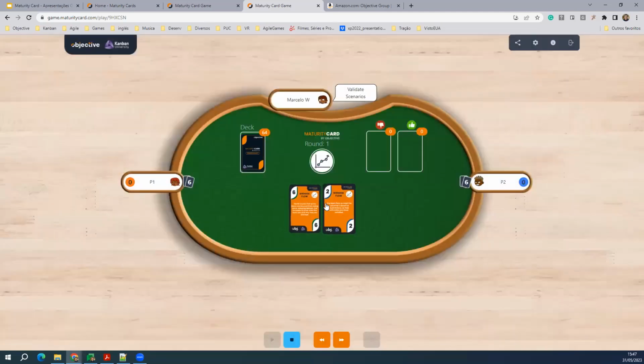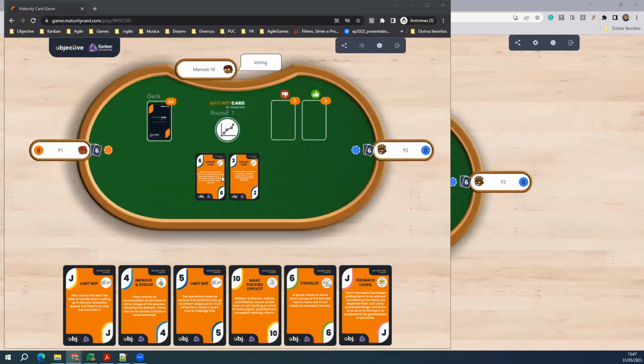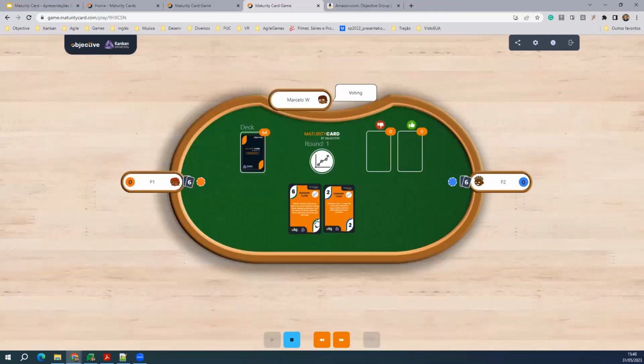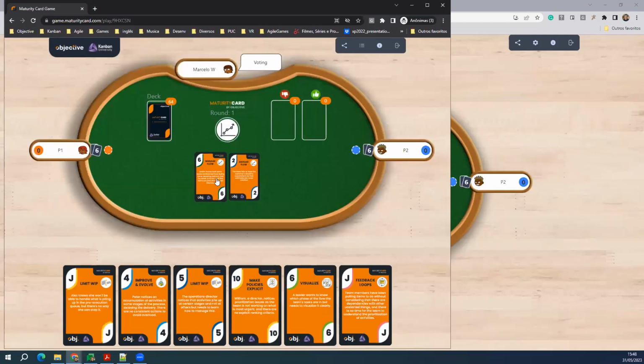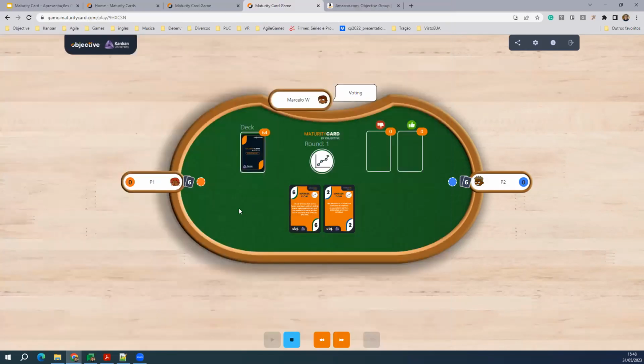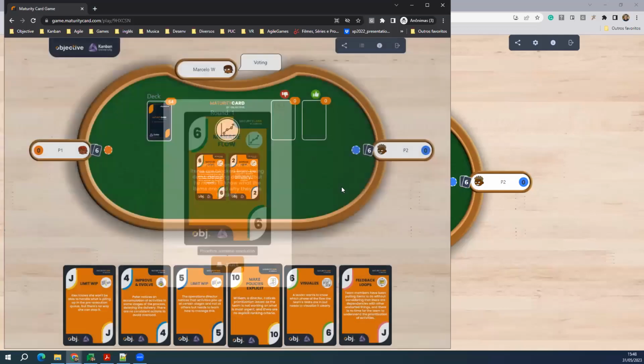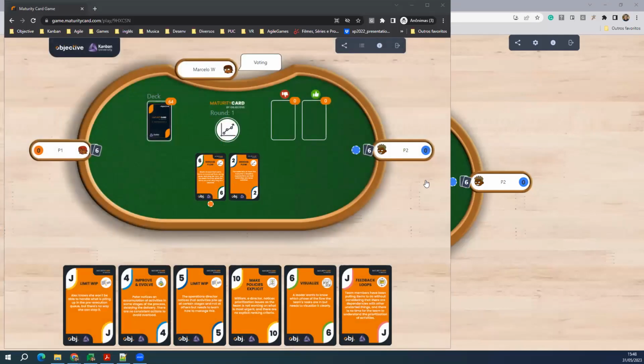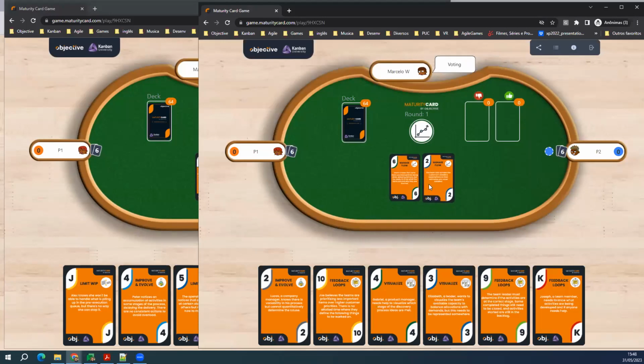So right now, the idea is they need to vote on which problem is the most critical, right? So for instance, the player one will vote on these cards, and the second player will vote on this card.